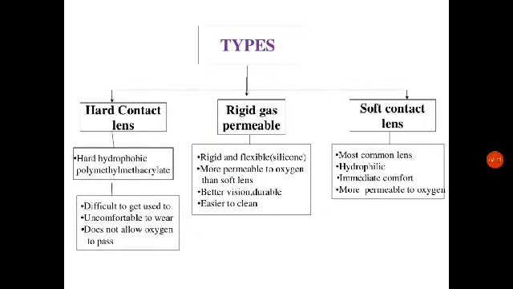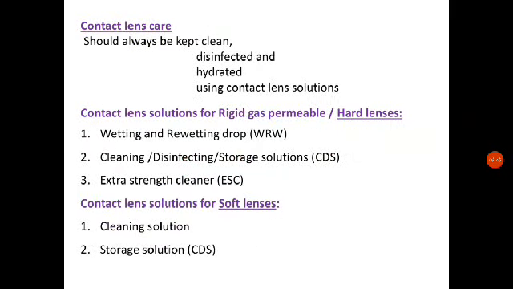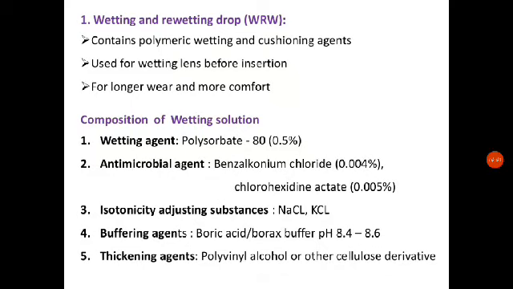So there are different types of lenses: hard contact lenses, rigid gas permeable, and soft contact lenses, etc. So the contact lens care or contact lens solution is different based upon the type of contact lens. Generally it is composed of wetting agents, antimicrobial agents, isotonicity adjusting substances, buffering agents, and thickening agents. All are very common types of substances used.